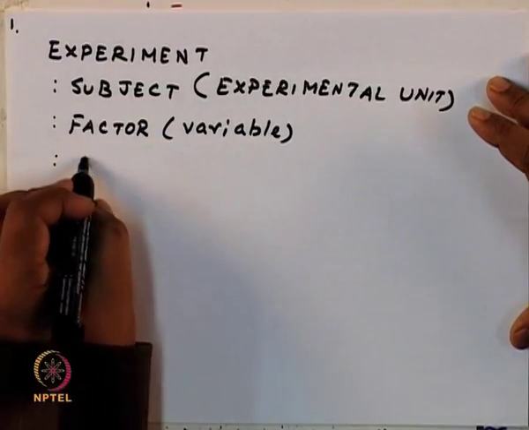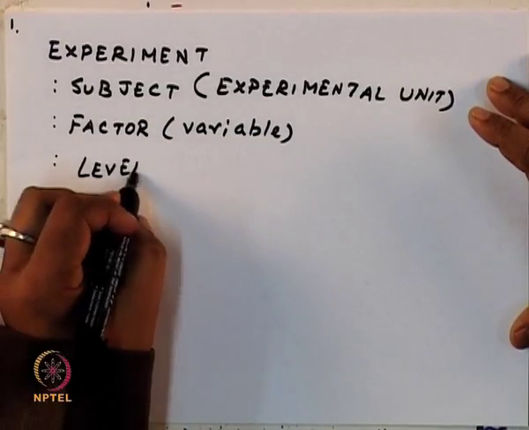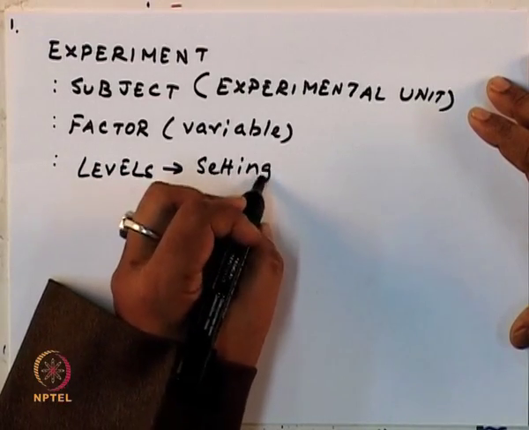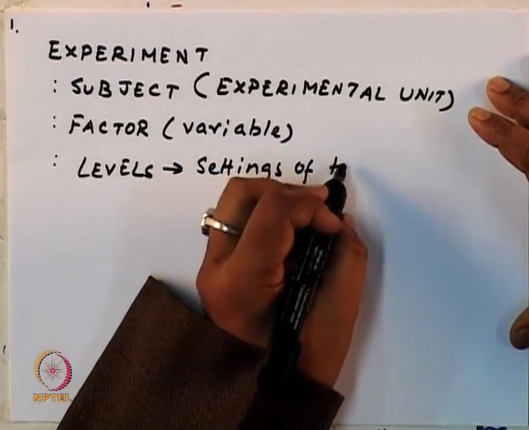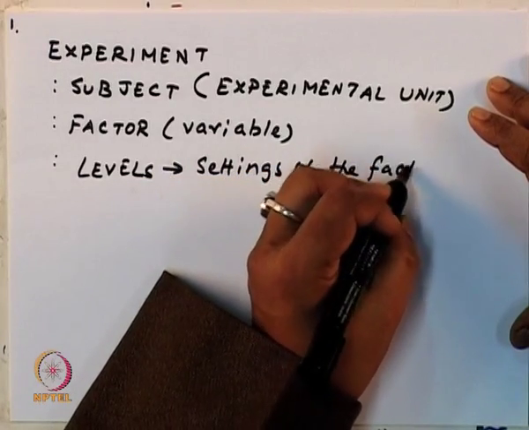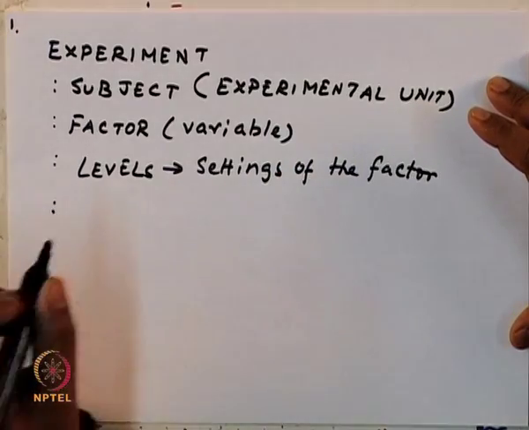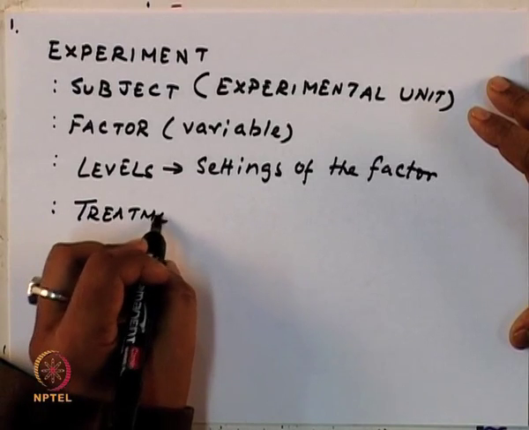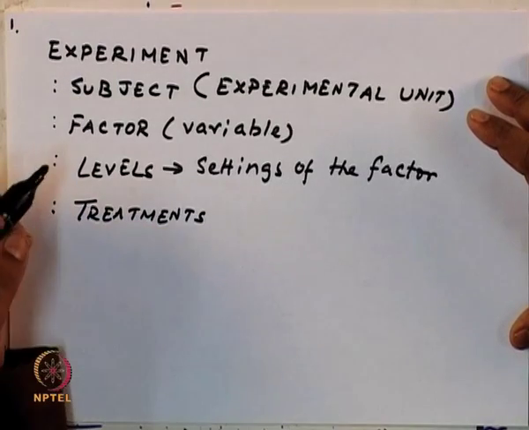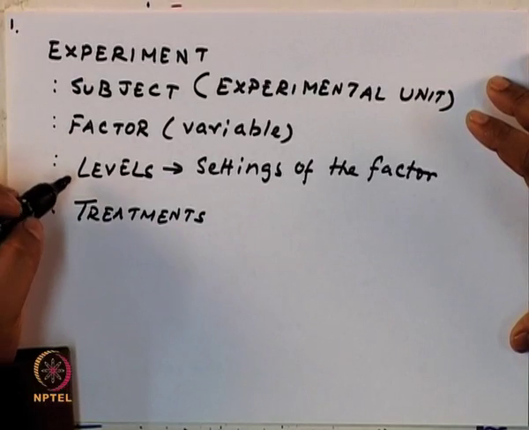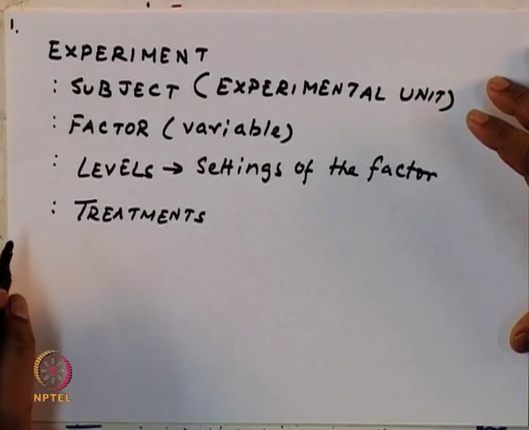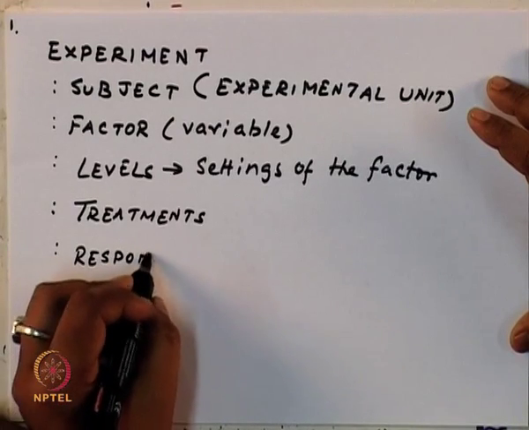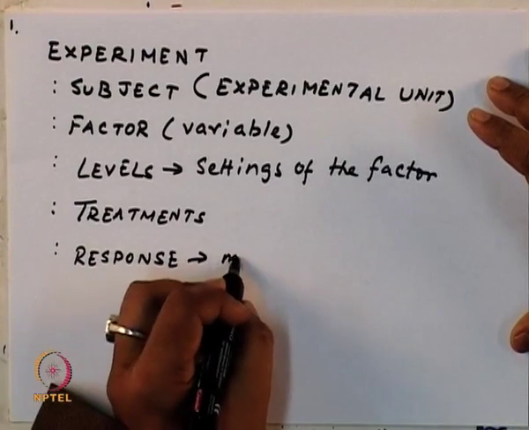The levels; levels refer to settings of the factor. You can have another thing called treatments. If there are more than one factor, then you might have more than one treatment, and your final response, which is what you measure.